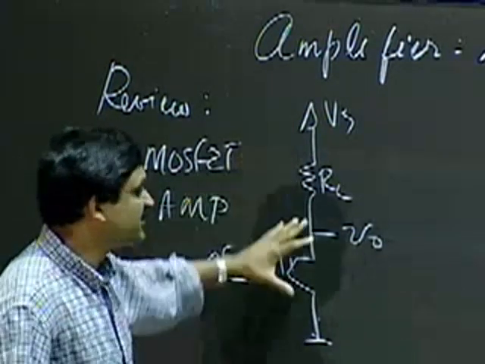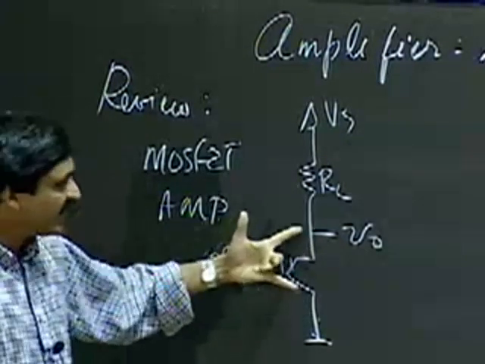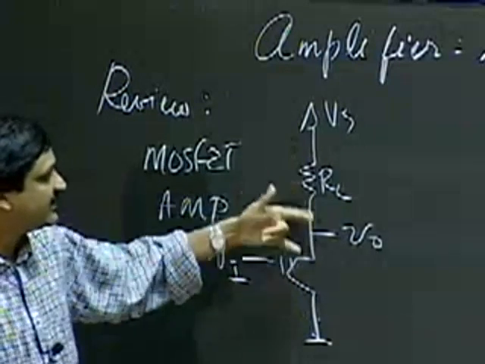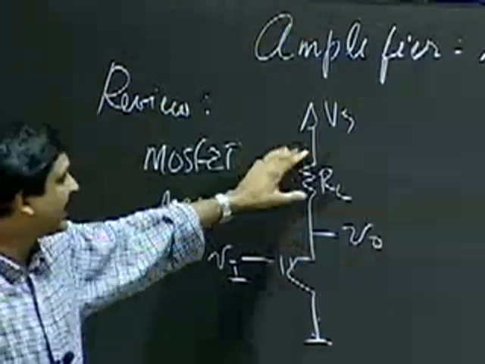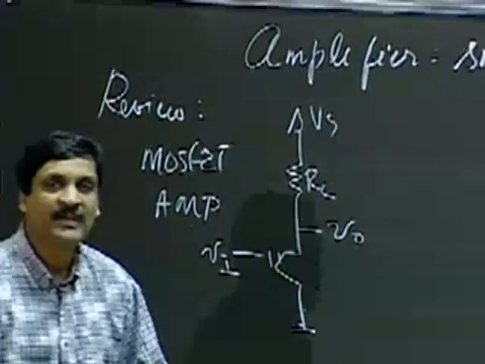Okay? And this is one such pattern. A three-terminal device like the MOSFET with an input and the drain-to-source port connected to RL and VS in series in the following manner. This is a very common pattern.